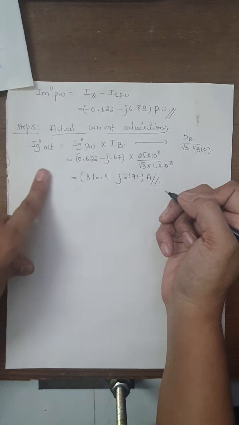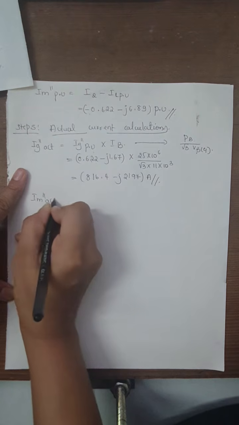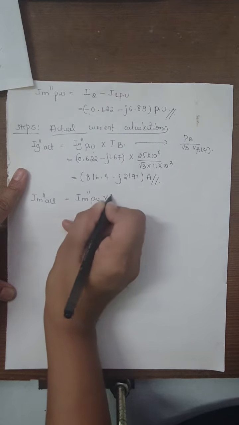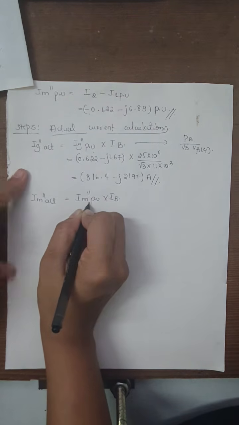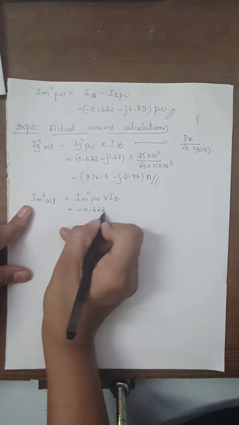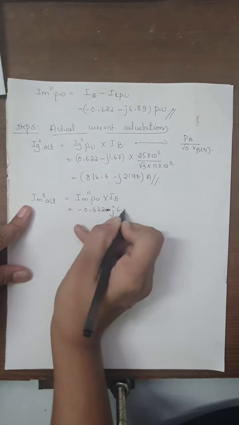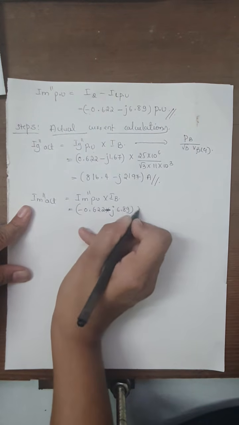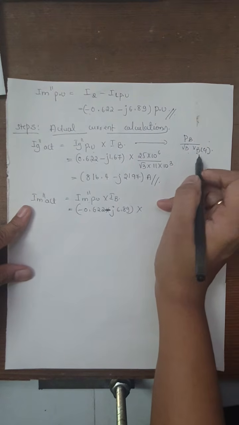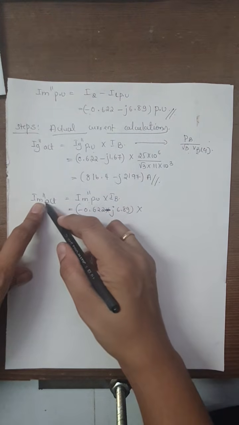So next, similarly I'll do it for the motor. You can write the same formula. Im double dash actual will be equal to Im double dash per unit into I base. So the Im value, which we calculated in per unit, is minus 0.622 into j minus 6.89 into I base. I base is P base divided by root 3 V base. Here also we need to take the base voltage of the motor because we are calculating the base current of the motor.